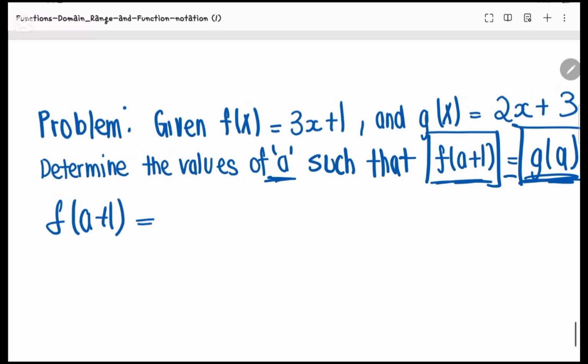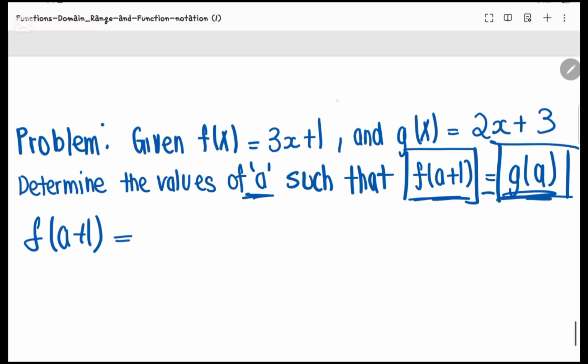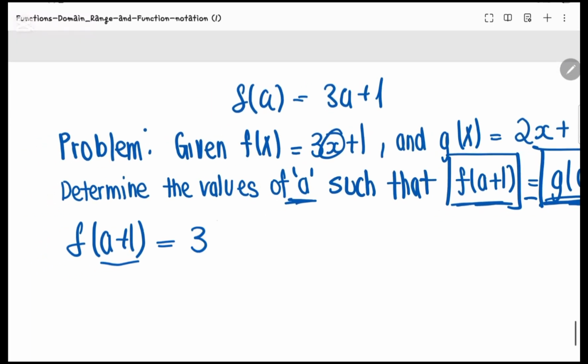Like f of x, it could be f of a. Same thing, right? What you're given is your function, and you plug in the bracket as x. So your bracket is a plus 1. Plug in as x. There you go. Expand it and collect like terms.